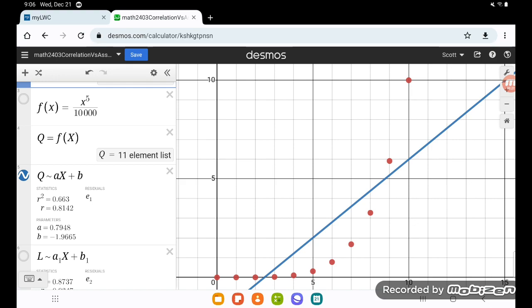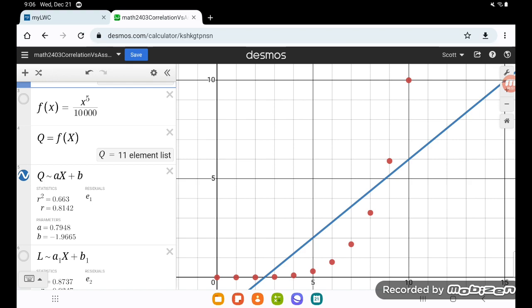And that is the best straight line that fits that data in a regression sort of thing, or a least squares idea. As you look in that spot, Q is associated with AX plus B, so a straight line. You look at the R and it's 0.81, which is close to 1.